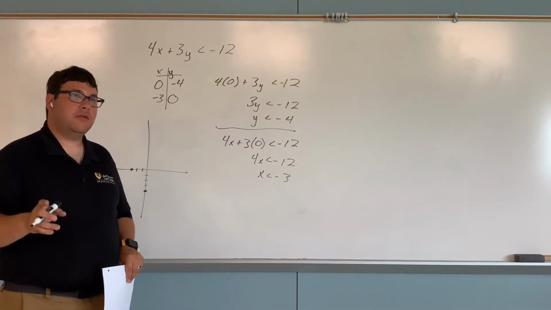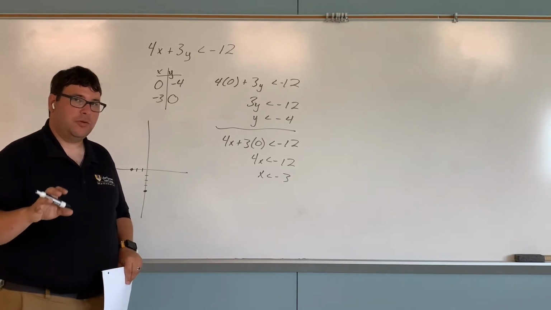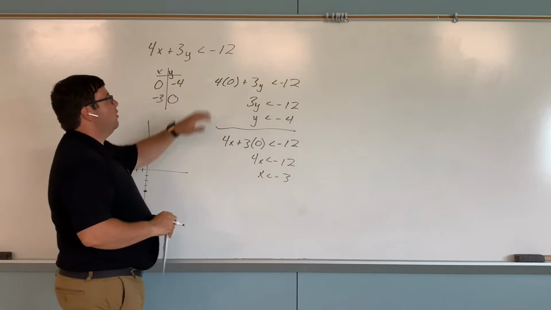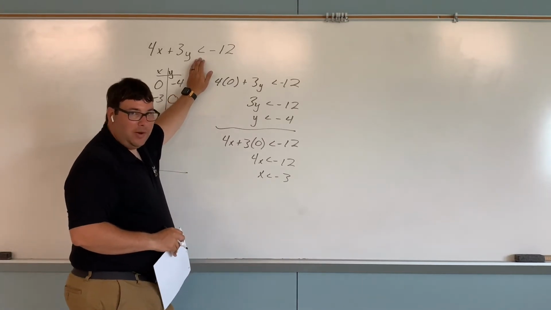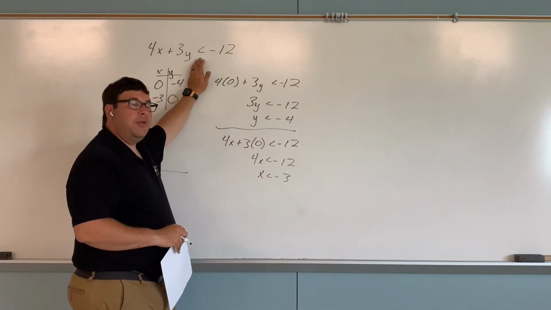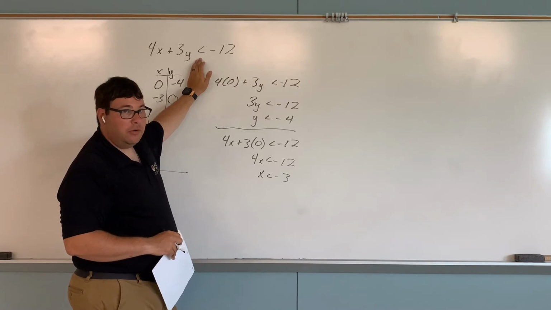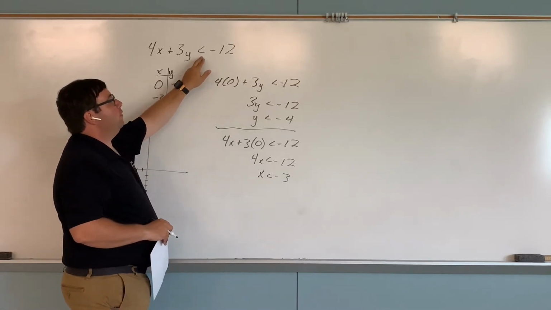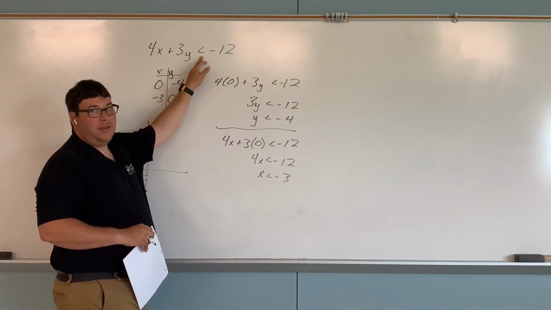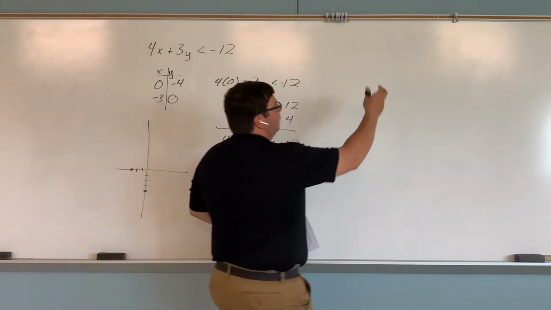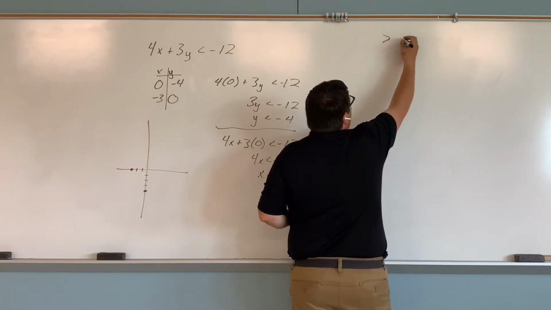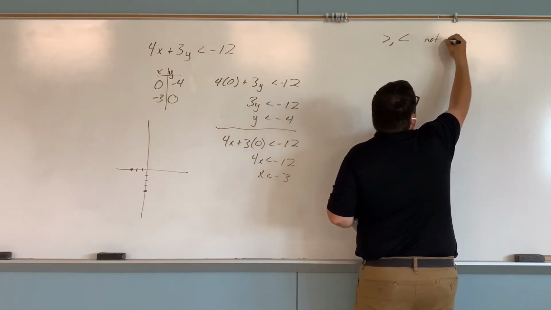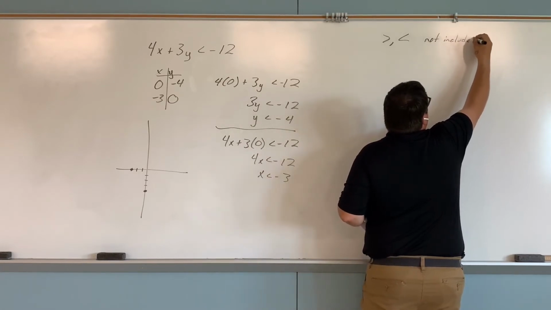If you think back to the few sections ago when we talked about inequalities for the first time, we actually introduced the greater than, less than signs and greater than or equal to signs. And we mentioned how some of those values are included or not included. Now, in this particular instance, we have a less than sign. And if you recall, greater than or less than signs are not included values.